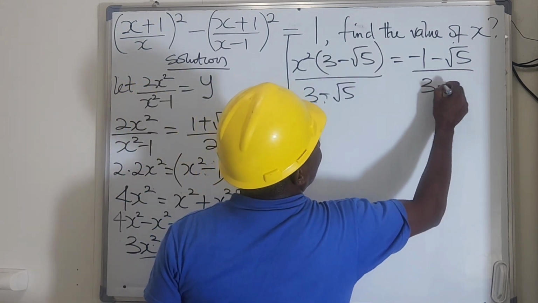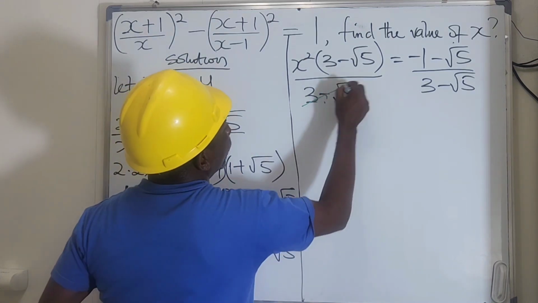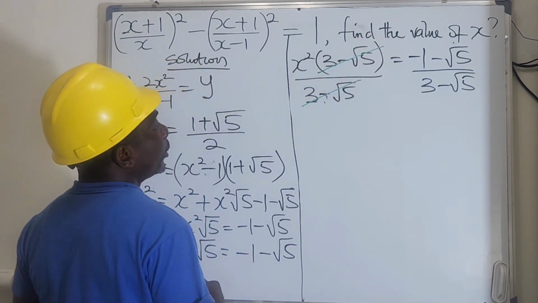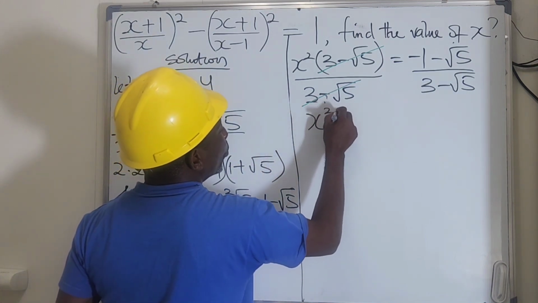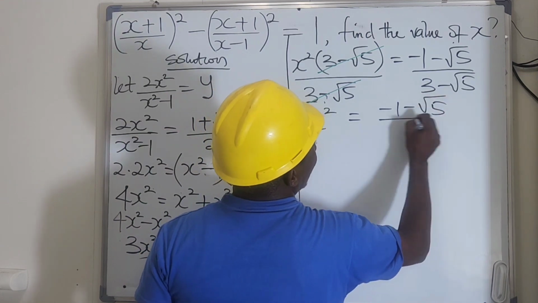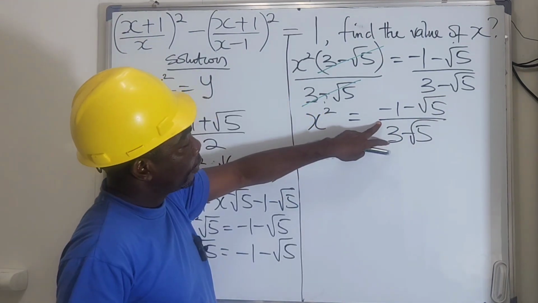The 3 minus root 5 cancels on both sides, so we are left with x squared equals minus 1 minus root 5 all over 3 minus root 5.